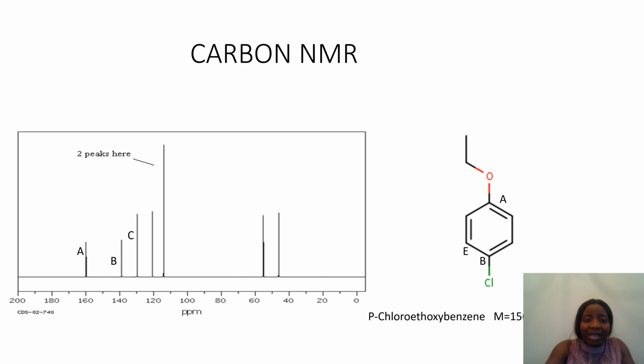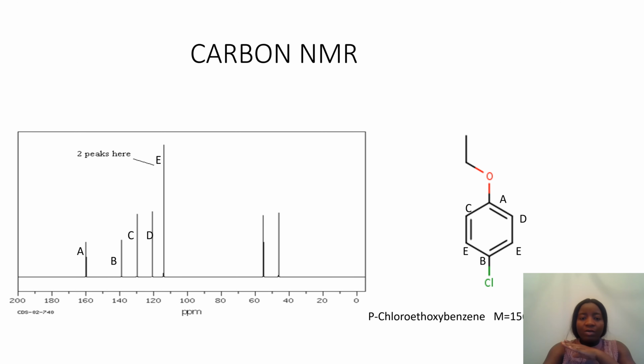That's why I assigned C and D to these two carbons right here, because they're closer to the carbon that carries O. And the last two carbons, these two carbons, are more upfield as compared to C and D. That's why I said carbon E are these carbons, because they're closer to chlorine. So now I was left with two carbons and I had to decide where to put them. And I can see that these two carbons are really downfield.